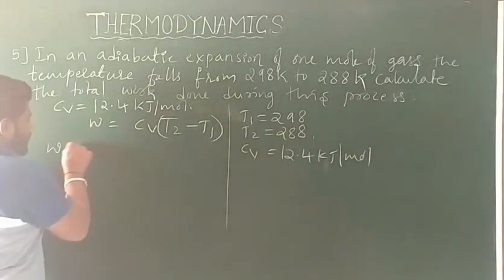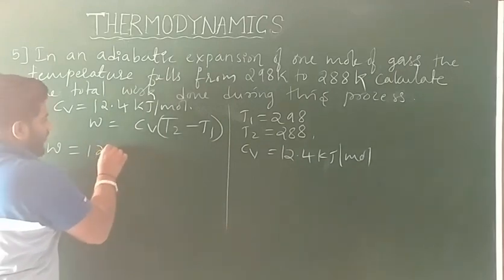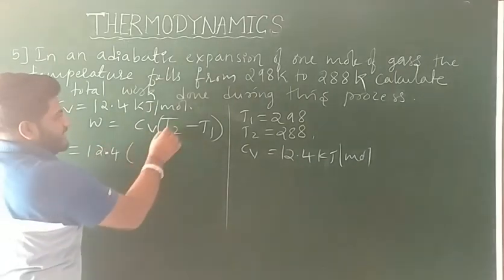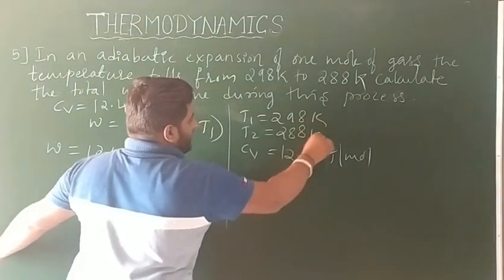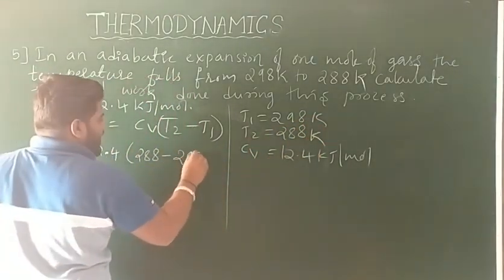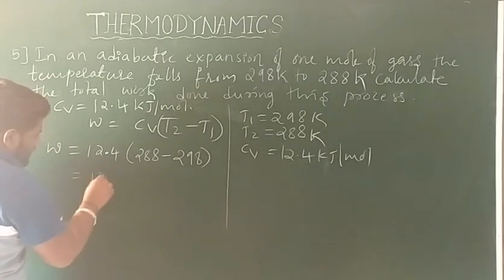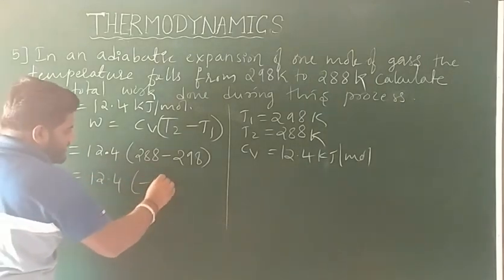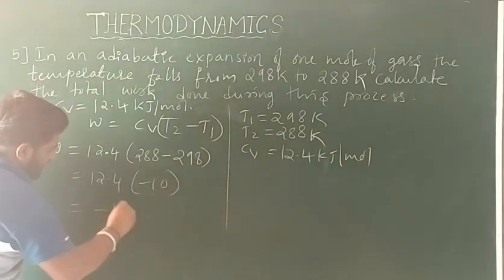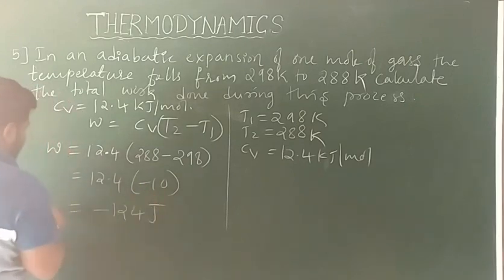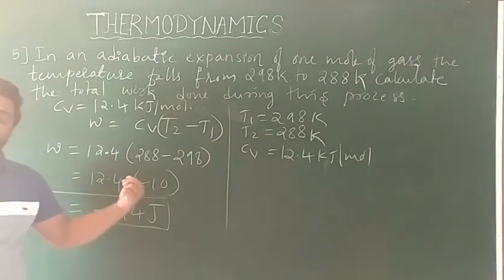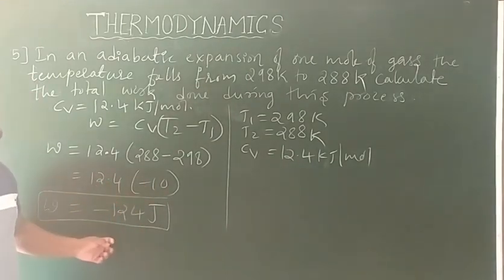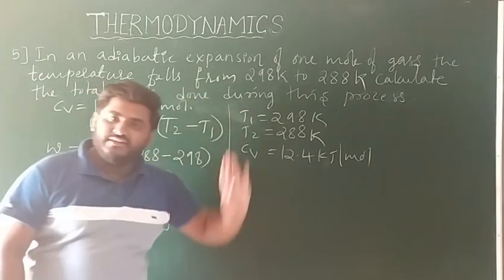So W is equal to CV 12.4 into bracket T2 288 minus 298. How much are you getting? 12.4 into minus 10, nothing but minus 124 joule. This is W, minus 124 joule. This is the work done during this process.